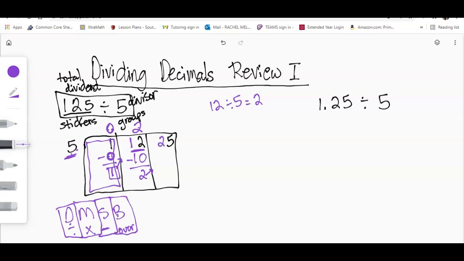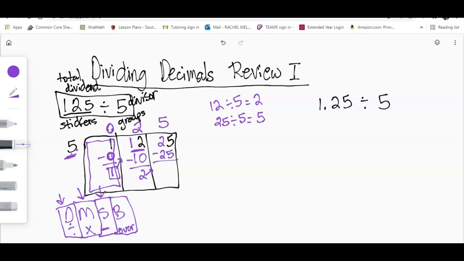So now I'm dividing. So I'm thinking about 25 stickers into groups of 5. And I know 25 divided by 5 is 5 because 5 times 5 is 25. So I have 5 here. Then I multiply. 5 times 5 is 25.